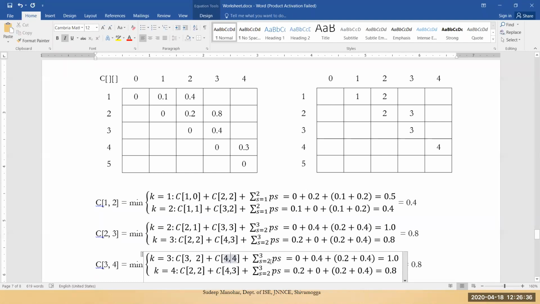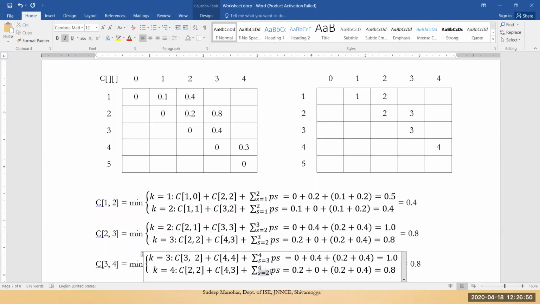Similarly, the sigma value changes from 3 to 4. So I to j it is. So this becomes 3 and this becomes 4. So similarly here, this is 4, this is 3. The same thing for both cases, P of s. Okay, now you have to change this. C of I comma k minus 1. I is 3.